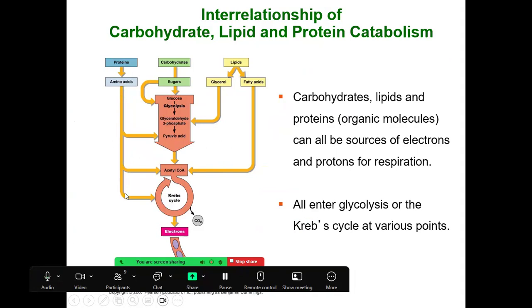Lipids will always be converted into glycerol and fatty acids. The glycerol will go midway through the Krebs cycle. The fatty acids will be broken into 2 carbon chunks and then converted into acetyl coenzyme A and then enter the Krebs cycle.